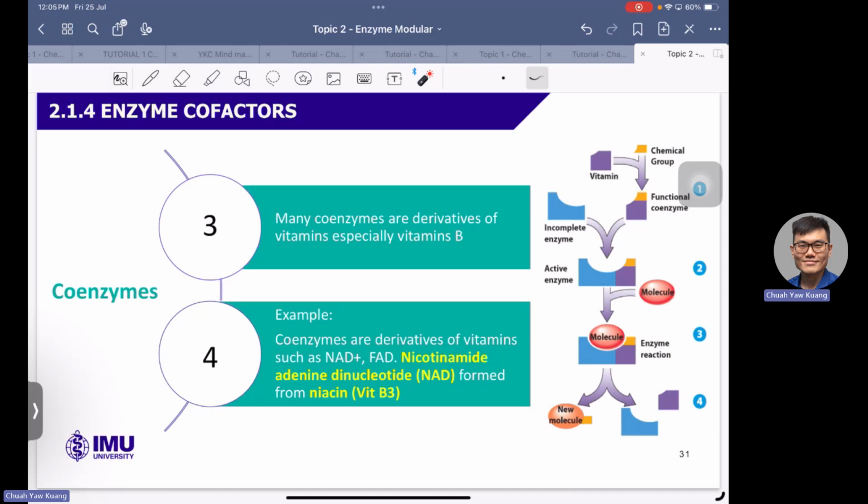Some real life example that you can actually feel. Alcohol dehydrogenase. Alcohol dehydrogenase is basically the enzyme that is important to break down the alcohol, to break down the ethanol. When you drink, you can see some people drink a bit and their face will be so red, and some people get drunk easily.